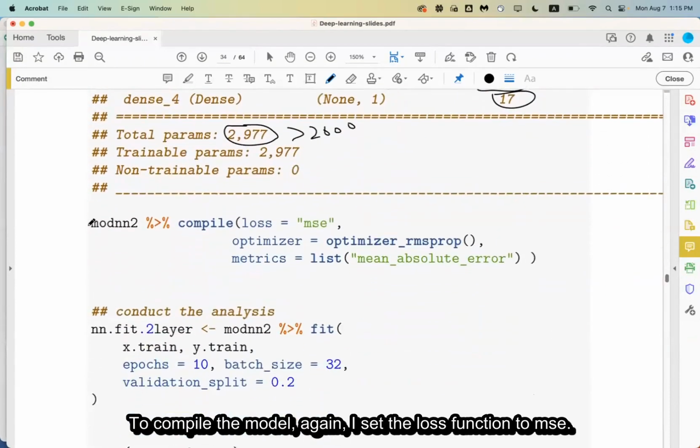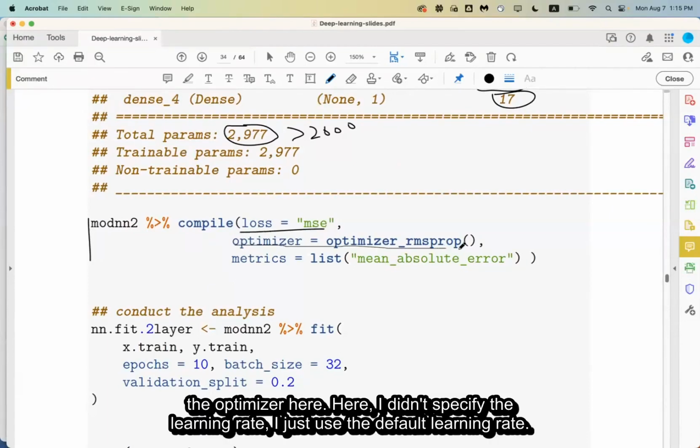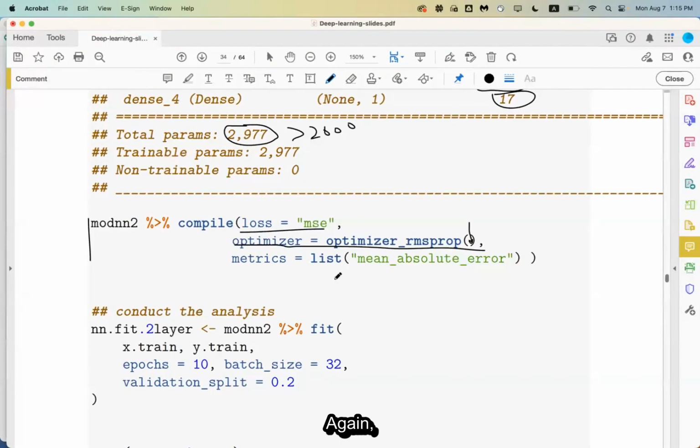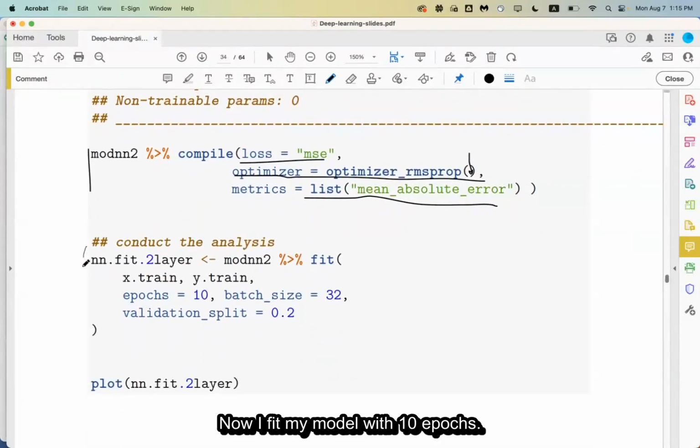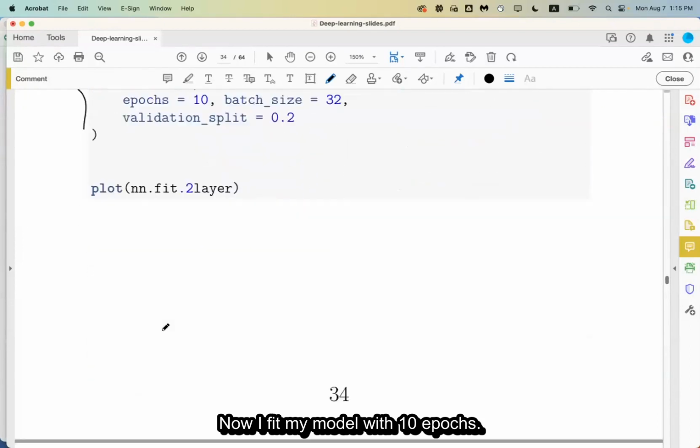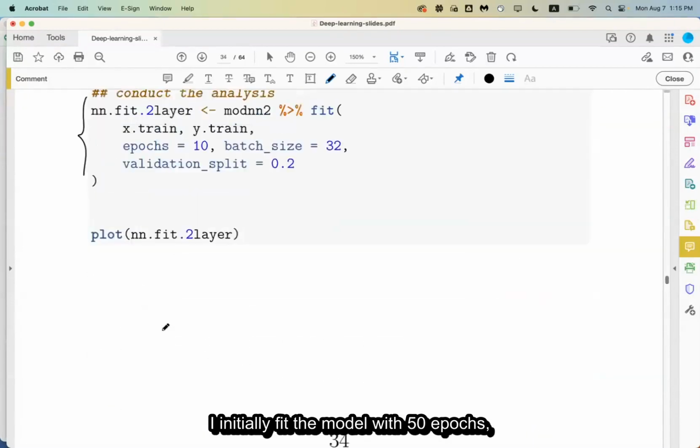And to compare the model, again, I set up the loss function to be MSE, and the optimizer here. Here, I didn't specify the learning rate. I just use the default learning rate. And again, use the evaluation metric as mean absolute error. And now I fit my model with 10 epochs.